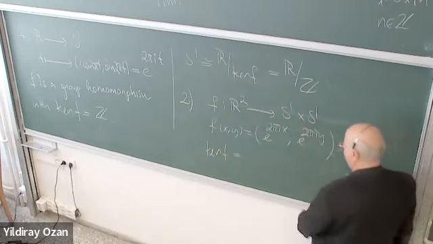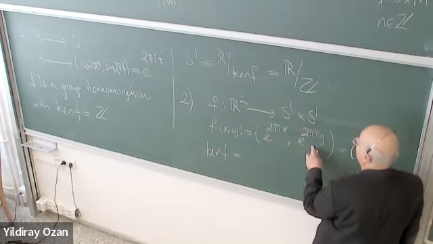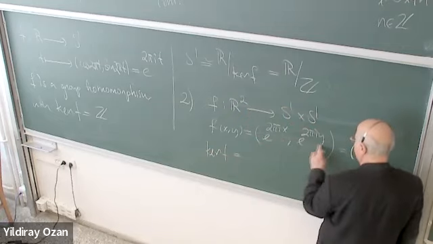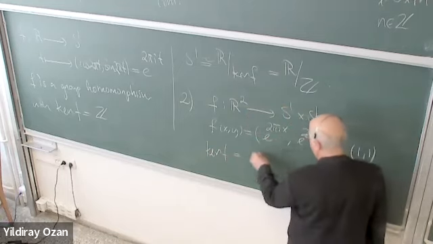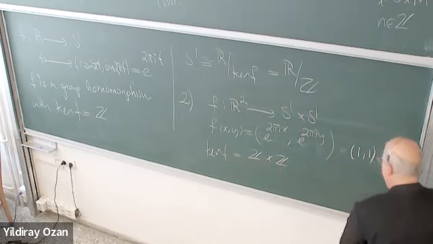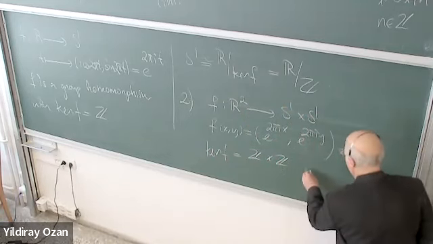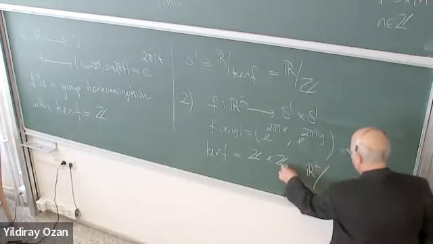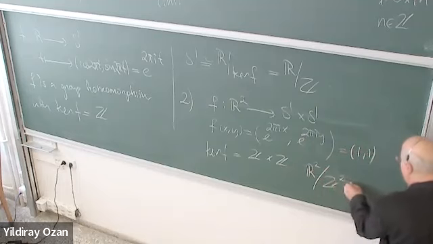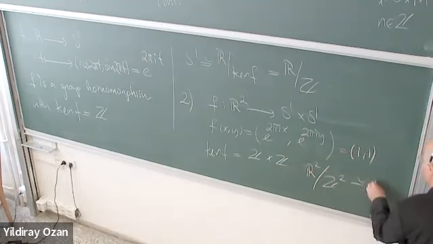And what is the kernel? Both of them should be identity. For these to be identity, x and y should be integers. So both x and y should be integers. And this gives me what? R2 divided by Z2 is isomorphic to S1 times S1.